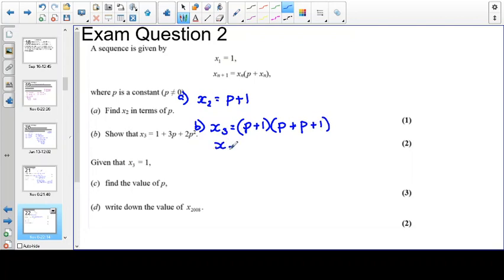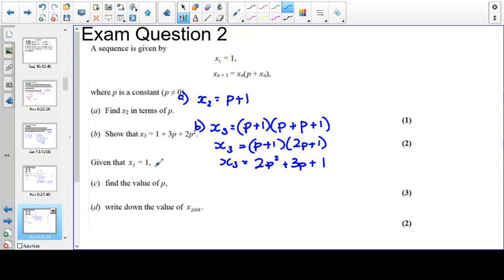So x3 is p plus 1 times by 2p plus 1. So if I expand that out, 2p squared plus p plus 2p is plus 3p plus 1. And that's that.